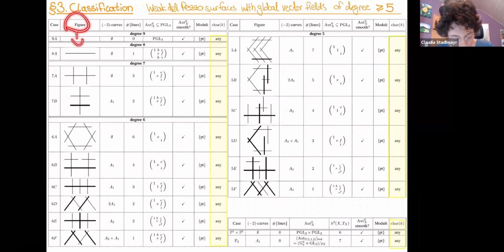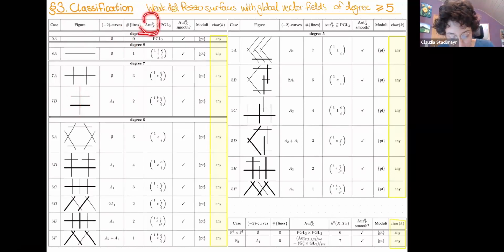Then in the second column, we have the configuration of -2 and -1 curves. Again, -2 curves, thick lines, -1 curves, thin lines. Here we wrote the -2 curve configuration again, but you could already see it from the picture. We counted the number of -1 curves in here. You can already see it from the picture as well.